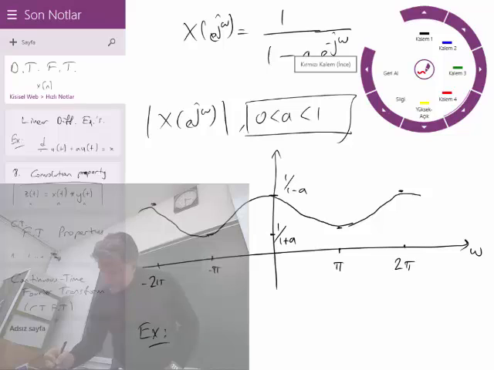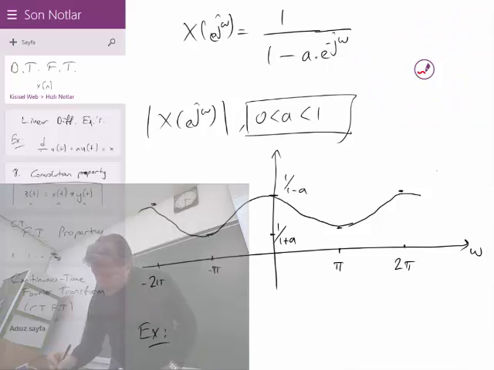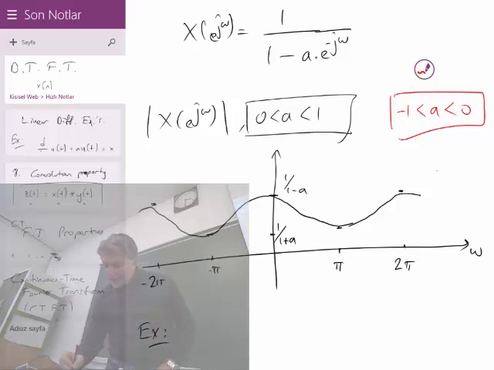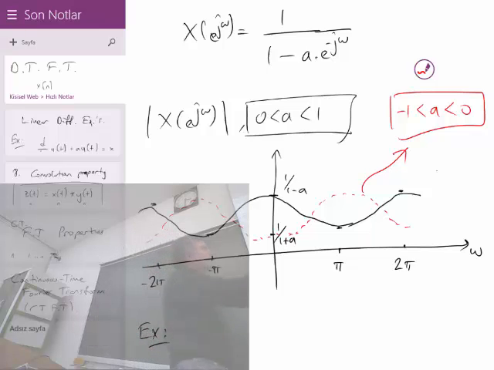Let me open a red pen. For the case between minus 1 and 0, this red case is drawn like this. So when A is negative, this time the dashed red curve will be a high-pass signal.